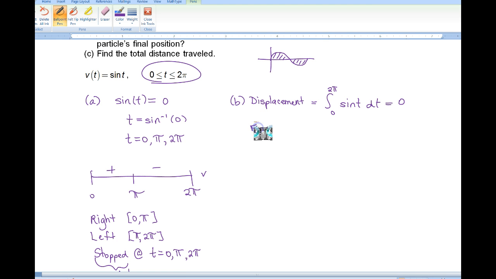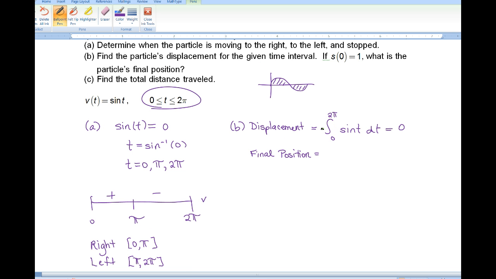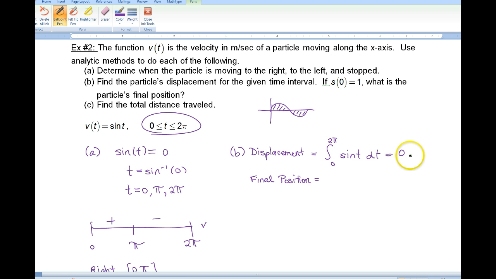Okay, final position. Oh, and this was, sorry, this was also meters. Final position, so S of 0 equals 1, that's my initial. So it's the initial position plus displacement. So I end up at a position of 1 meter.